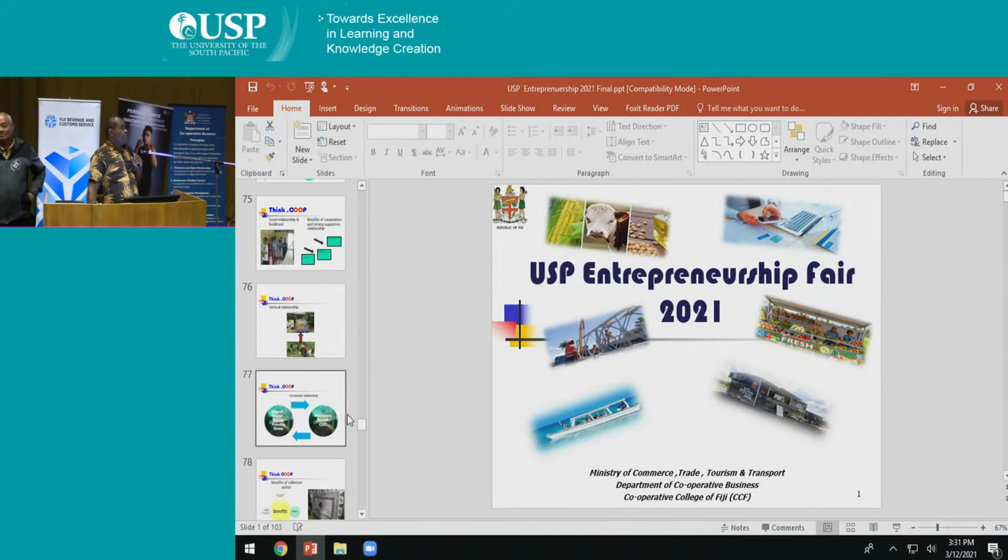Yes, I've been hearing about the previous presenter in regards to cluster. This is one form of cluster, cooperative. And my question is, what binds or maybe resembles the group together so that it's sustainable?